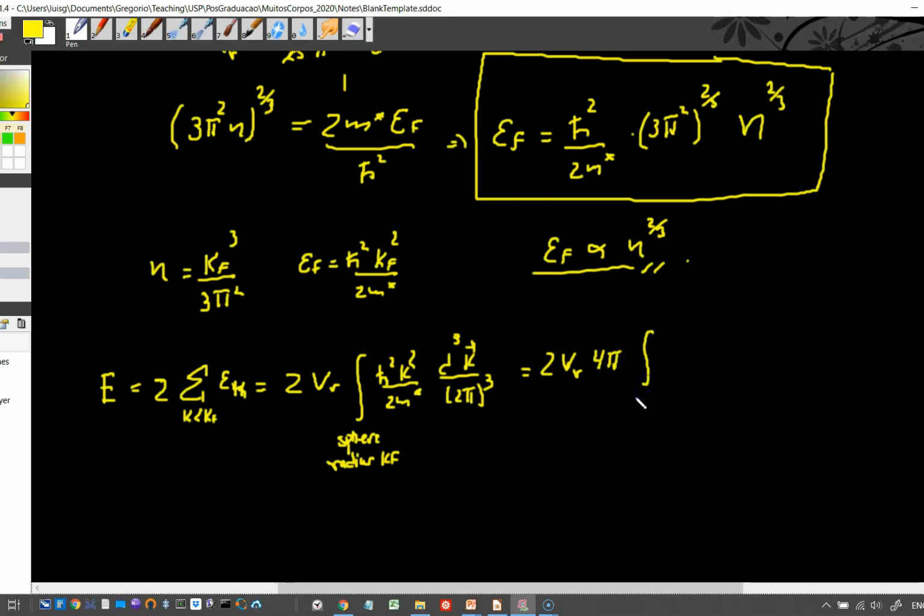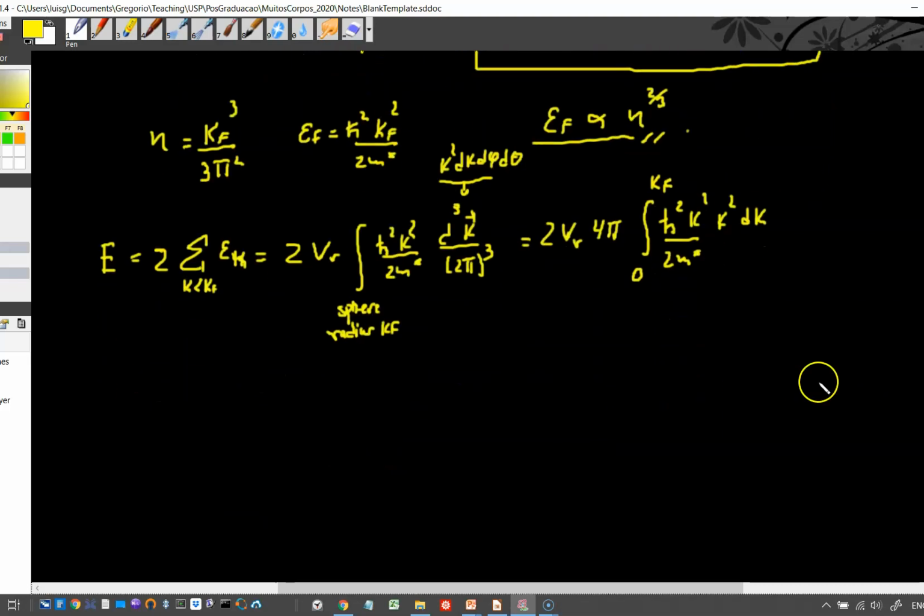And now we're left integrating over the radius, 0 to Kf, of this: K squared over 2m star, and of course, remember, it goes to K squared dk times the integrals in the angles. So we already did the integration over the angles, so I am left with a K squared dk here. All right, so let's just do this integral.